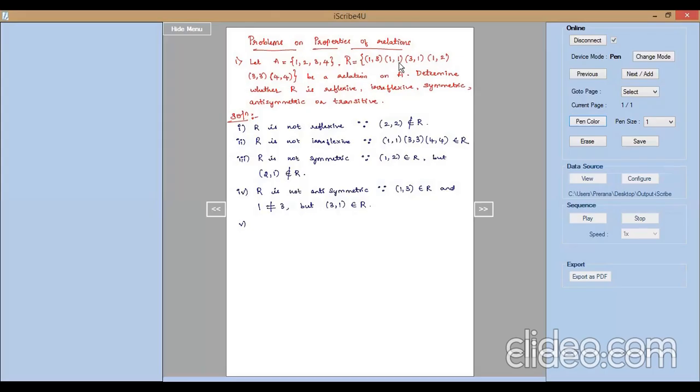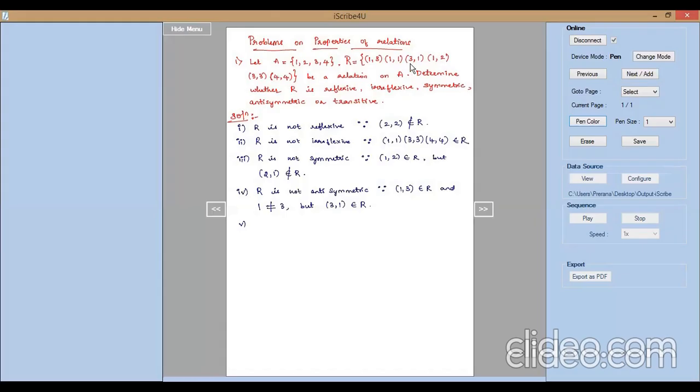You have to check for every ordered pair of the relation R. Similarly, I'll check for (1,1), (1,2). This is ending with 1, starting with 1, similar to our composition property. (1,1) belongs to R, (1,2) belongs to R. So (1,2) belongs to R. Yes, it is also true.